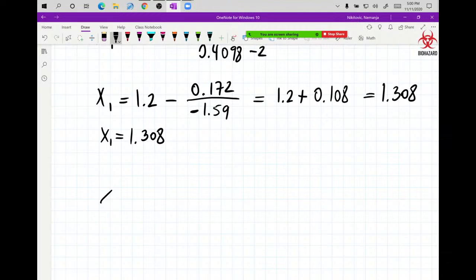Rinse and repeat. x2 is x1 minus f of x1 over f prime of x1.